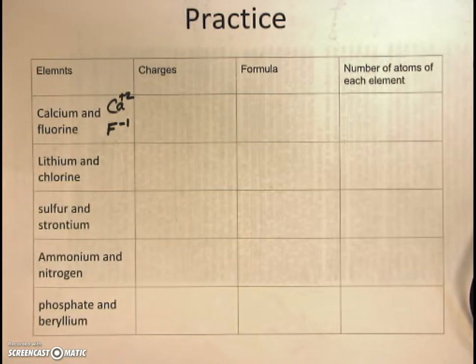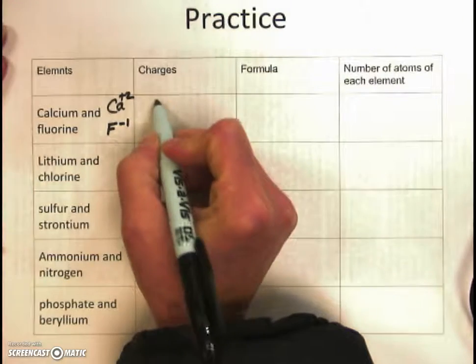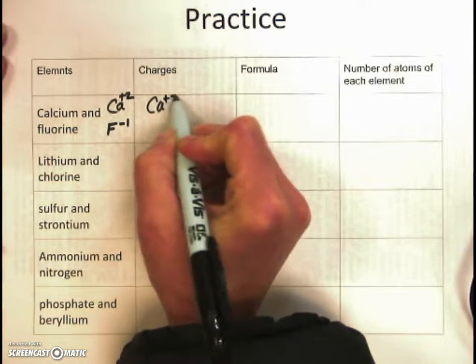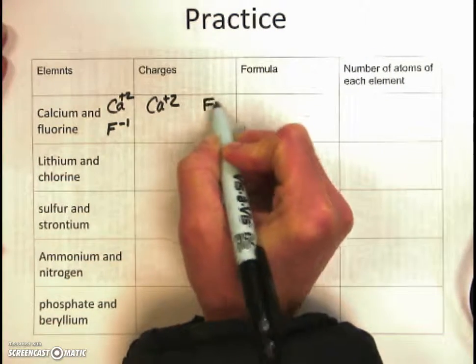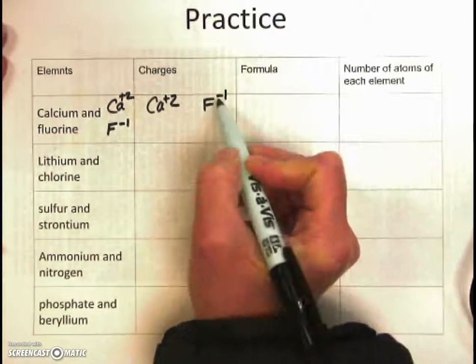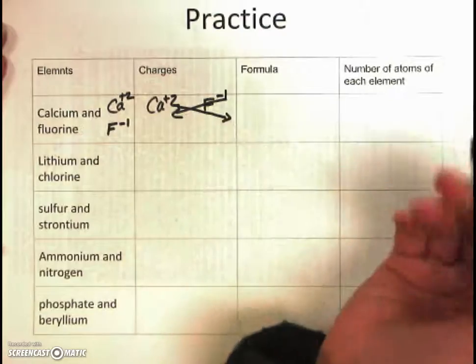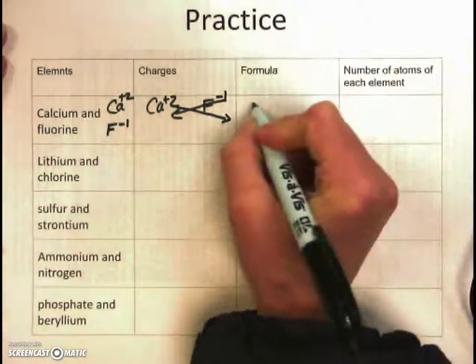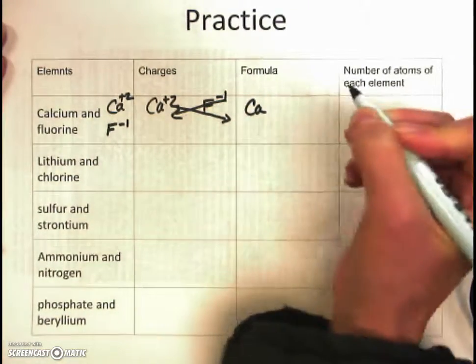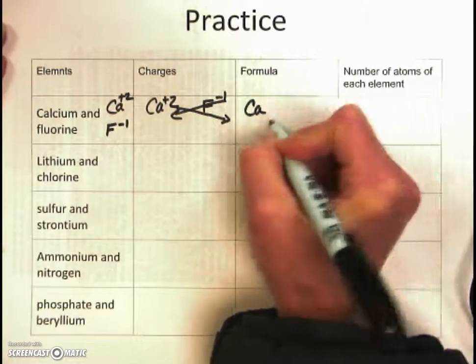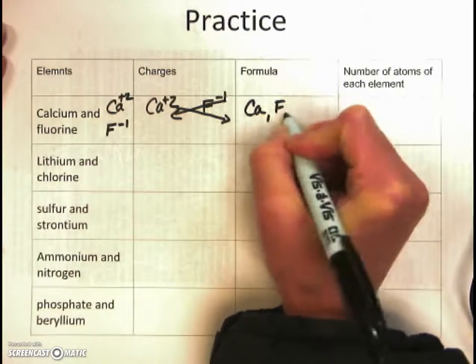So going back to this, calcium has a +2 charge, and fluorine has a -1 charge. And what I'm going to do is cross the numbers themselves. So there's going to be 1 calcium to 2 fluorine.